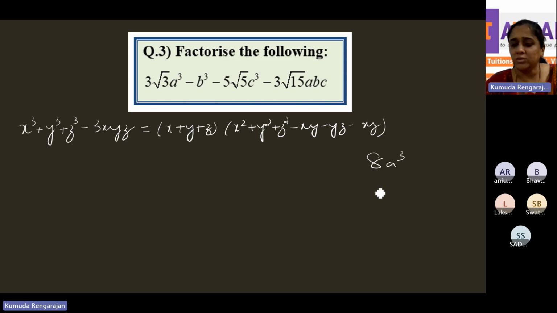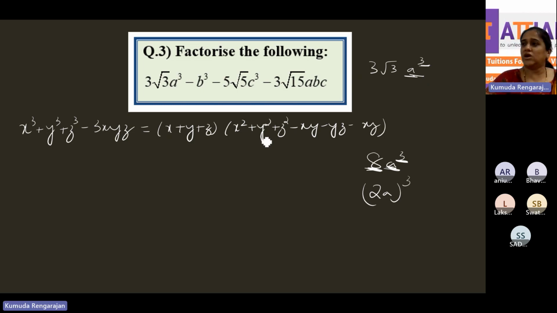This one is not a whole cube. You must write it as 2a the whole cube. Here the cube is for the whole 2a, not only for a. When we say x cubed, the whole of x must be cubed, the entire y cubed, the entire z cubed. But look at the expression, we have 3 root 3, a cubed. This cube is only for a.